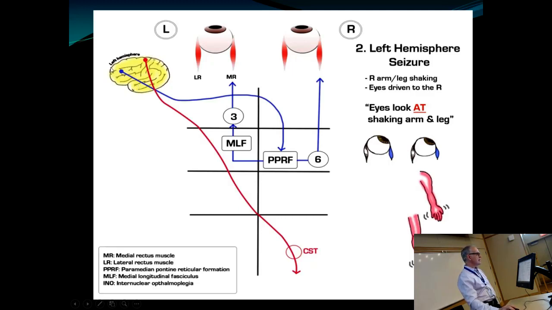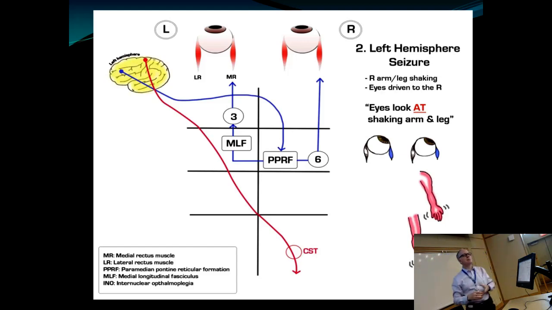If you excite the frontal eye fields, you're now going to drive this pathway, and so the eyes will get pushed to the right. So when you have a seizure that originates in one hemisphere, it causes the opposite side to shake, and it drives the eyes to look at the shaking arm and leg.